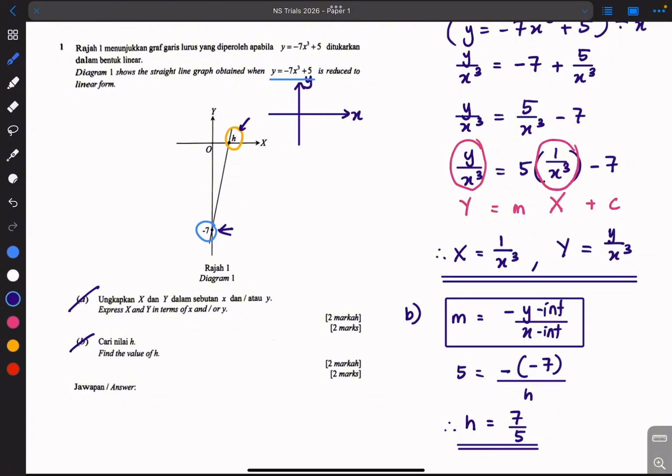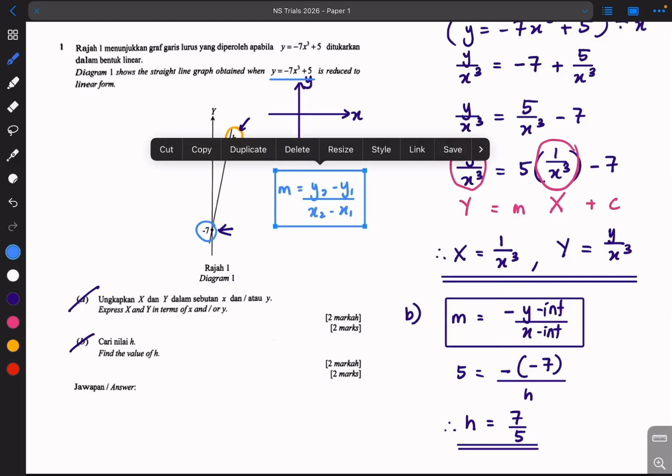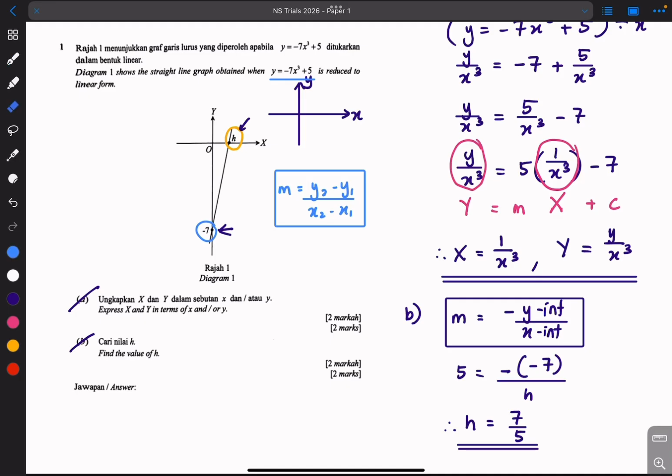Let's say you don't know this formula. This is not so popular formula. The most popular gradient formula would be y2 minus y1 over x2 minus x1. You can use this formula also. Just that you need to do a bit extra work. So these points, we have to write it as coordinates.